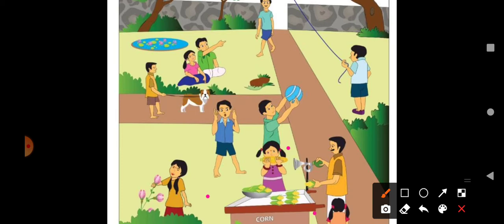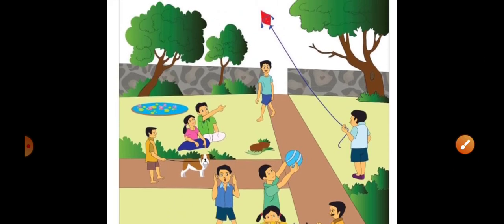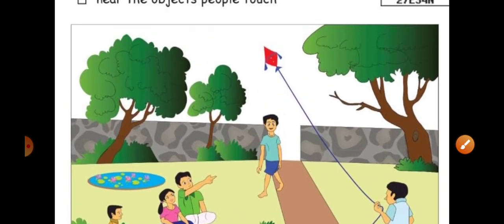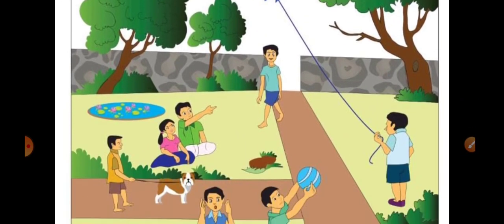Okay, so one person is selling corns in a cart and then see a girl is sitting with her father and then you can see a small pond with a lotus in it and a boy is holding a chain of the dog. Okay, so likewise you can see different things and also many trees are there, right? So this is the park scene.